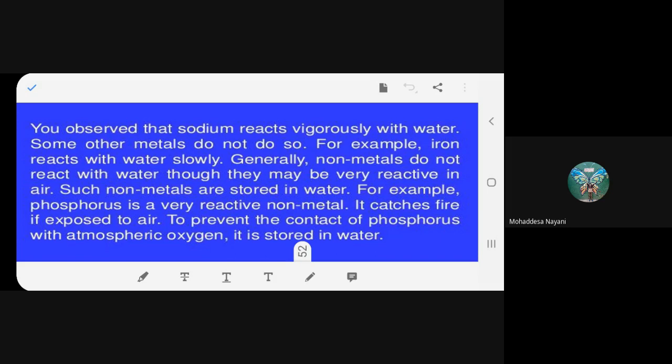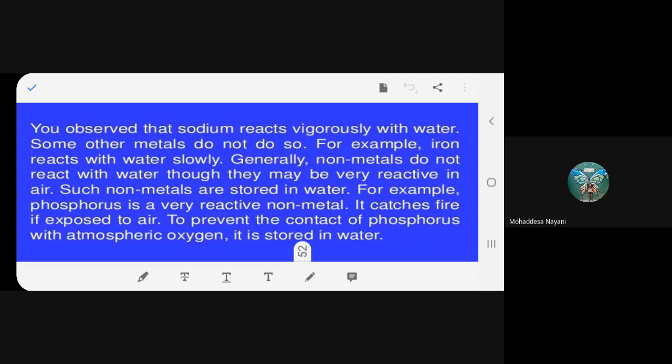Some non-metals react in air. So these non-metals are stored in water. Now, if we take the example of phosphorus, it is very reactive. Remember that. If it is exposed to air, it will catch fire. So what do we do? It is stored in water.